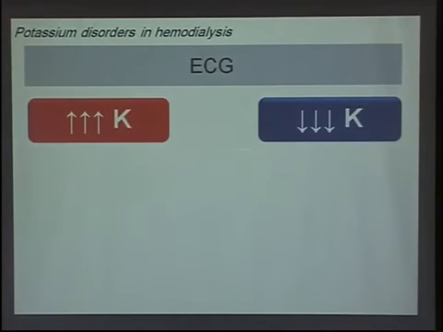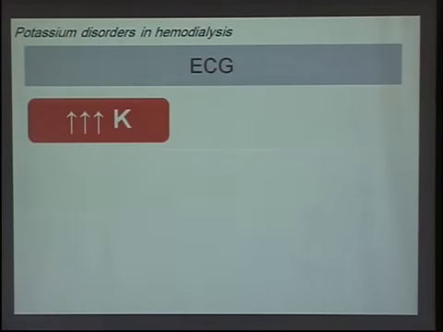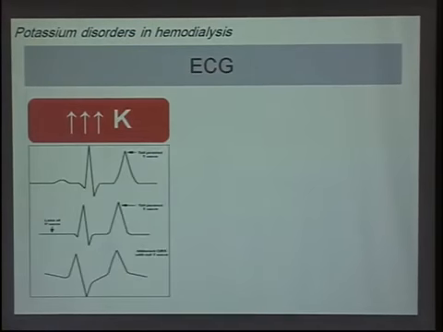However, ECG findings are nearly the reverse. While both might show bradycardia, VTAC, and arrest, yet classic signs of hyperkalemia in ECG include what's called PEAT, or tall T wave, followed by loss of P wave, and then widening of QRS complex.